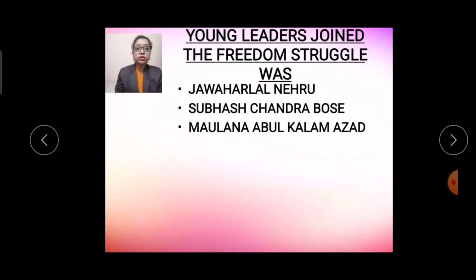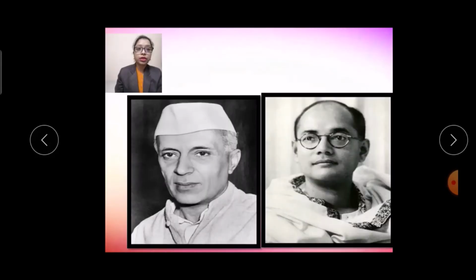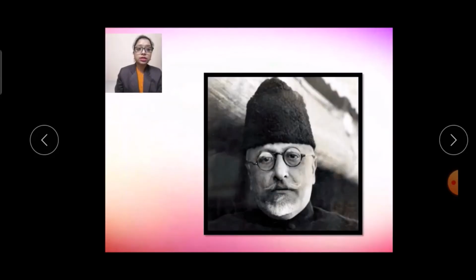Here you can see Pandit Jawaharlal Nehru and here is Subhash Chandra Bose. And then we'll see the picture of Maulana Abdul Kalam Azad. So these were the young Indians who joined the freedom struggle during the non-cooperation movement.